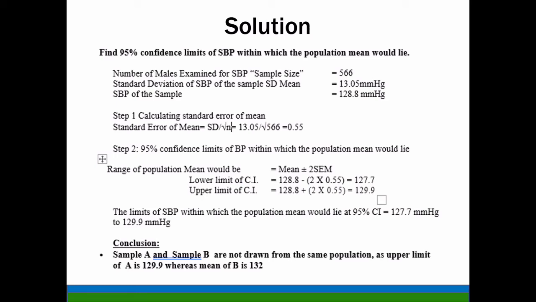Now the conclusion: sample A and sample B are not drawn from the same population, as the upper limit of A is 129.9 whereas the mean of B is 132. So both are from different populations.